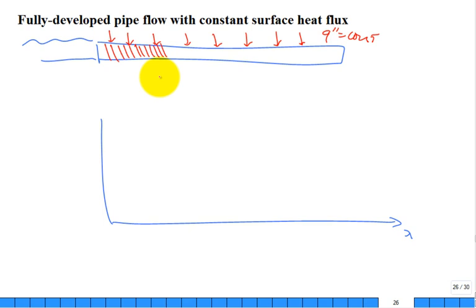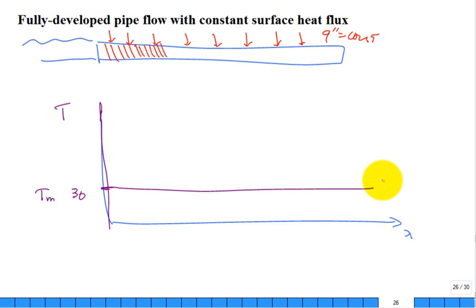Okay. So let's plot our mean temperature. Here's our temperature axis. Let's say it comes in right here, I don't know, 30 degrees C. That's T_m on the inlet. Does it stay 30 degrees C throughout the pipe? Does it get colder? Does it get warmer?